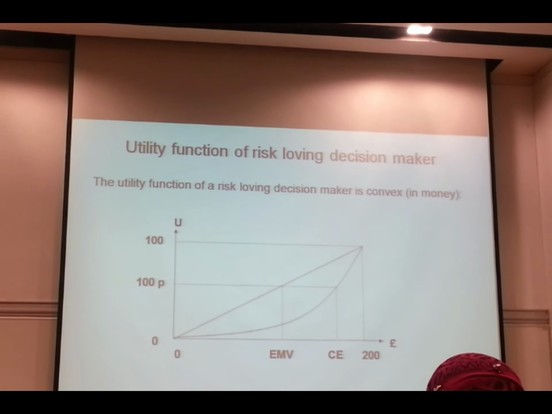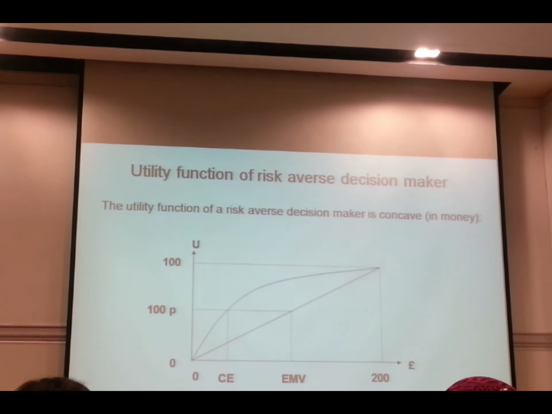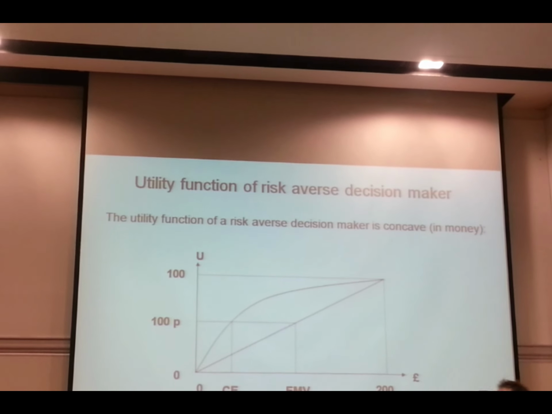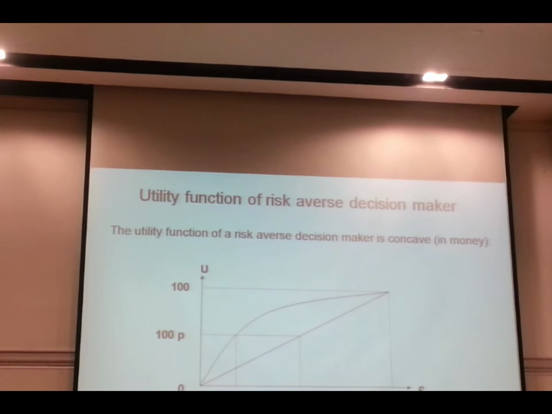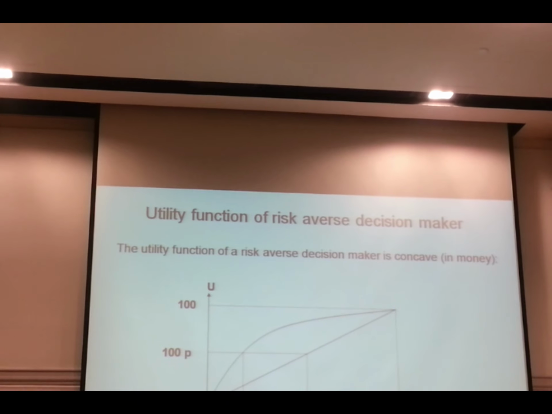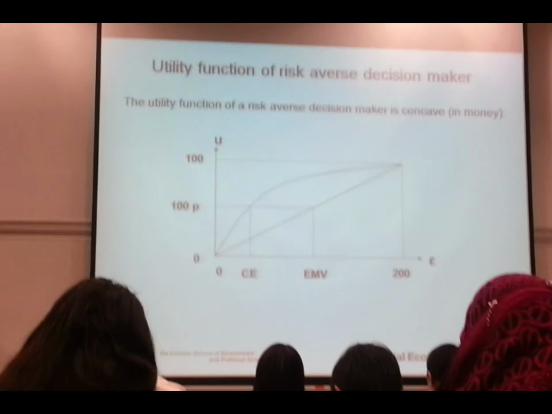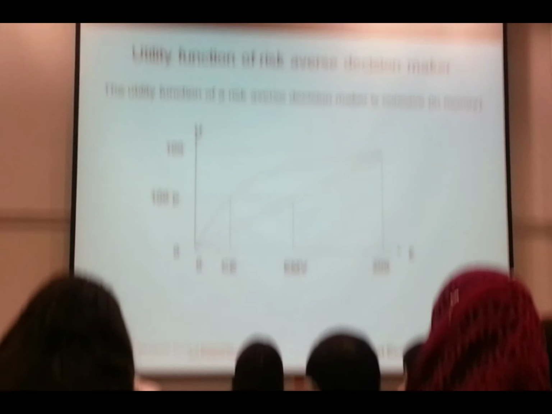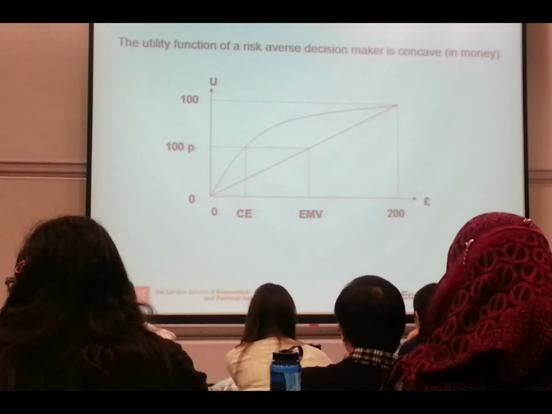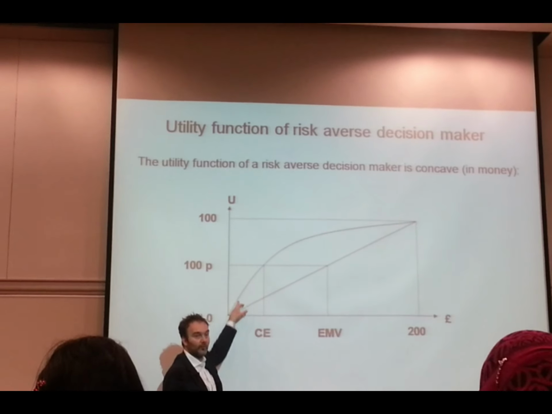So what we can think of also is what this means in terms of the marginal utility of money of an extra 10 pounds, depending on your endowment. If you have 0 money and someone gives you 10 pounds and you're risk averse, your utility goes up by quite a bit.